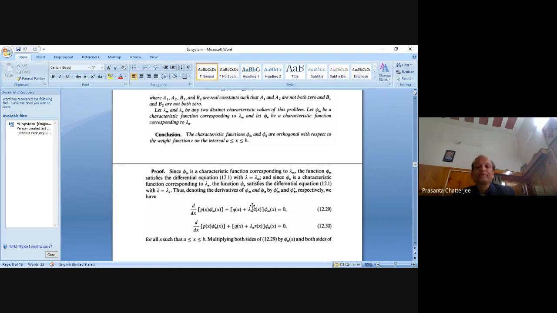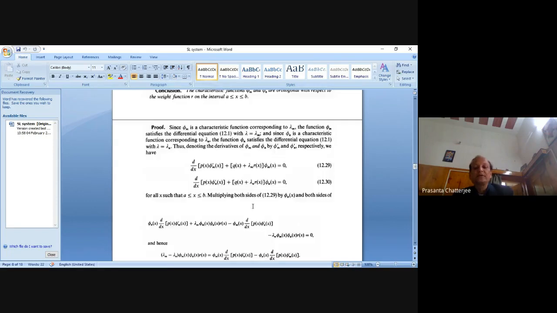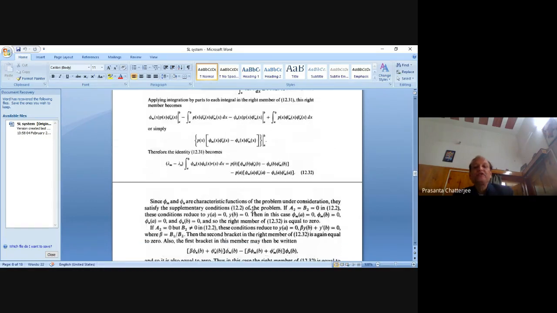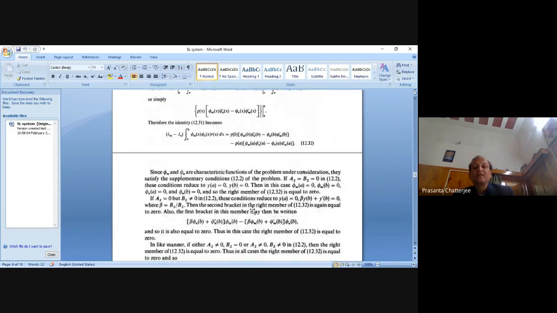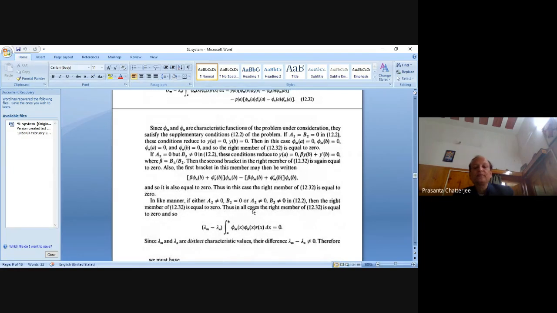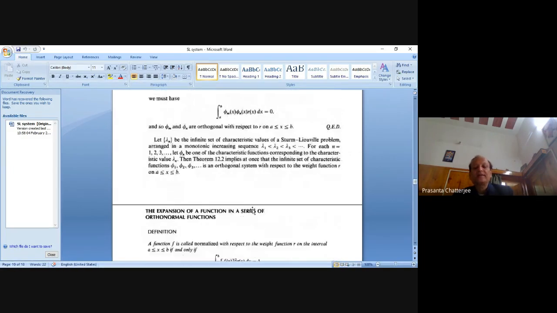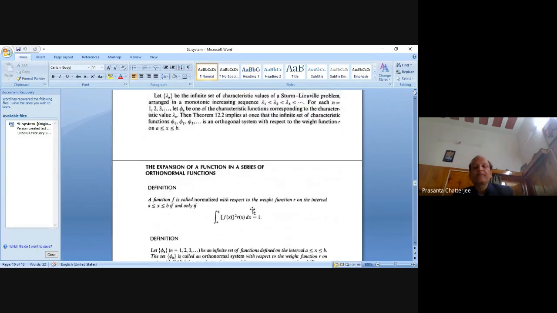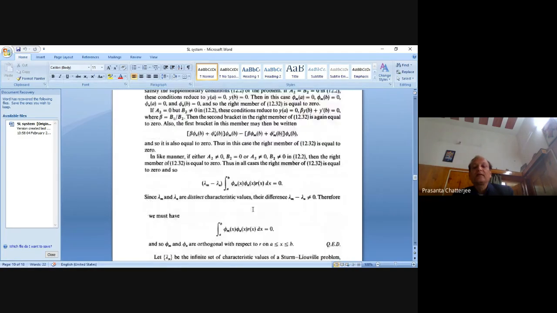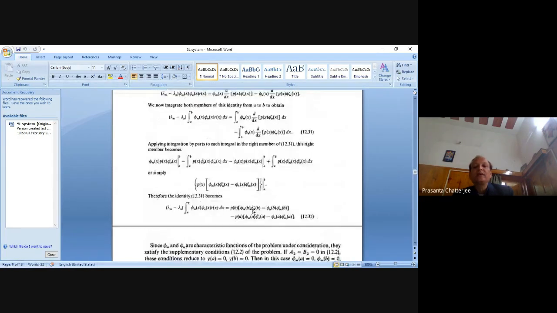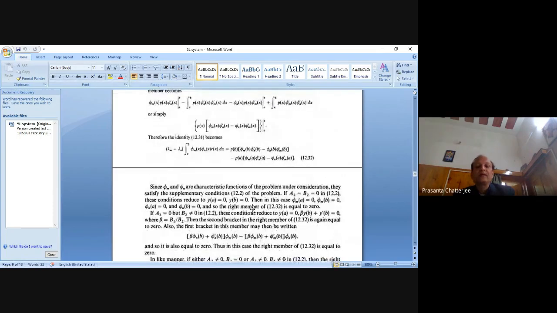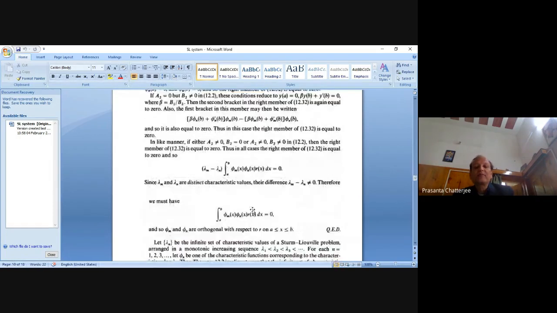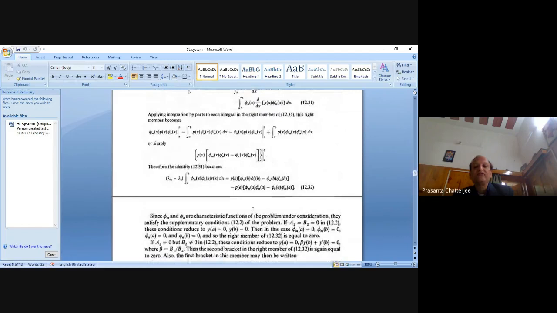So you can look into the proof in the book of S.L. Ross, from which I am teaching this. You can go through the book and understand it clearly. The proof is similar to that we have already explained for self-adjoint operators, so I am not going to explain it here.